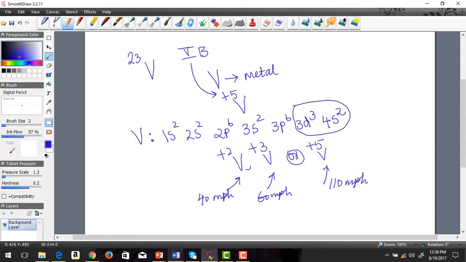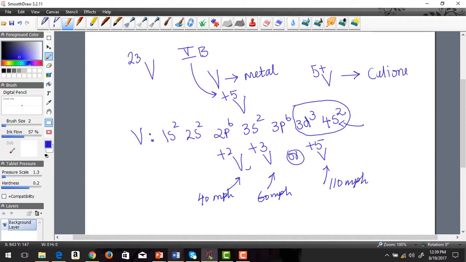It can go at 40 miles per hour, meaning you lose just the 2 in the outermost one, or it can lose the 2 and then 1 out of this 3, and then it can make 3 or 4 or 5. But it can only lose a maximum of 5.